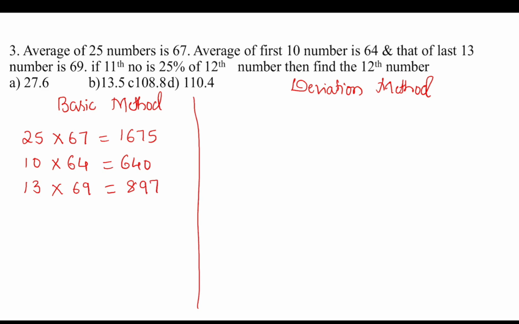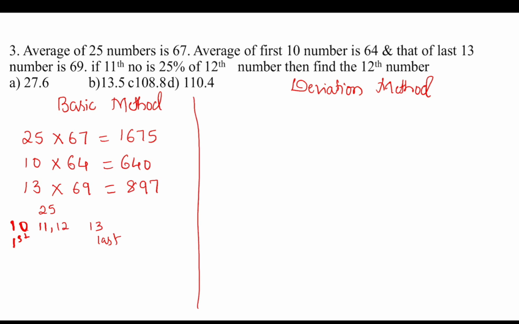so we want the 11th and 12th number. Now see here, there are 25 numbers. Okay, first 10 numbers they are saying and last 13. First 10 and last 13 means after 10 there will be 11 and 12, isn't it?